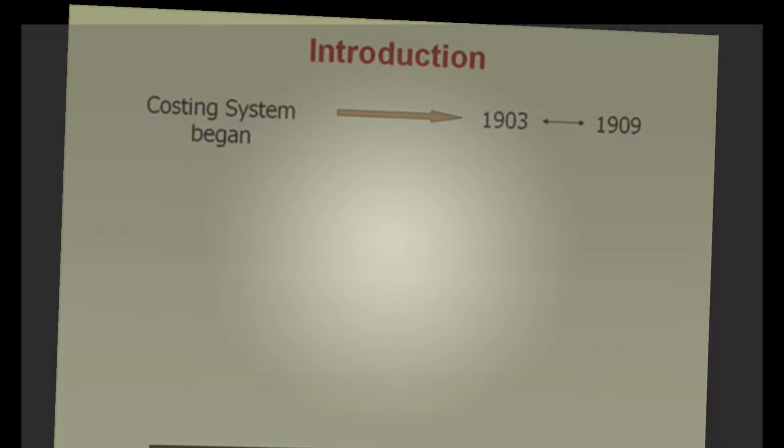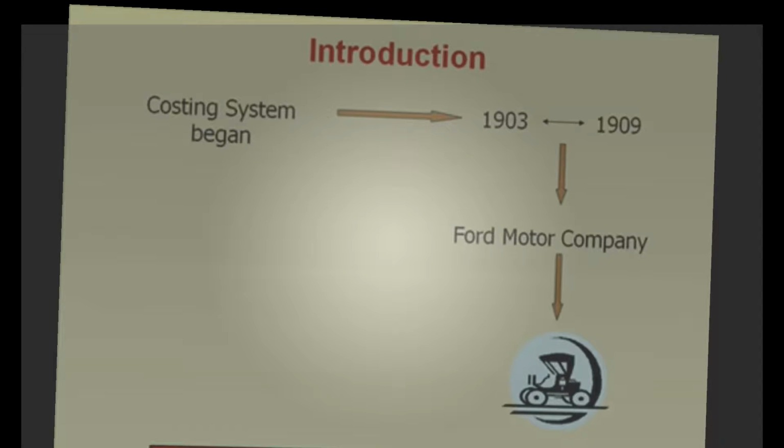Around this time, Ford made the small, black, identical cars. You know it. Guess the name of it? The T model.